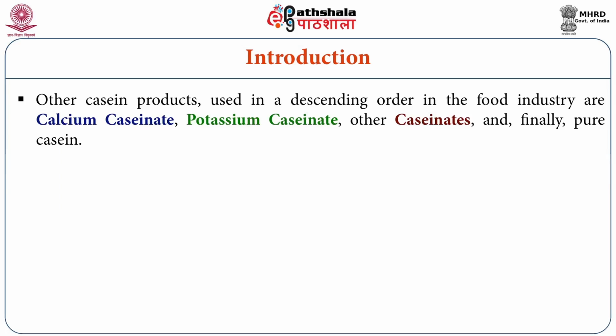Other casein products used in a descending order in the food industry are calcium caseinate, potassium caseinate, other caseinates and finally pure casein.